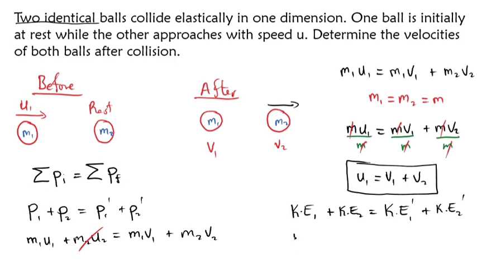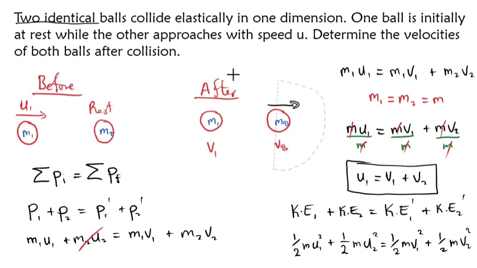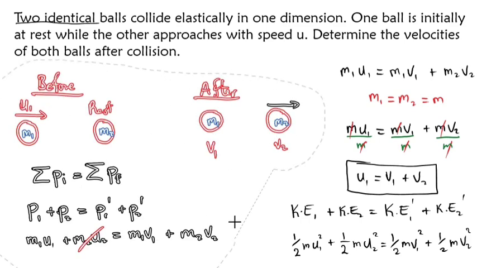This is just the same as the summation of momentums on both sides. So kinetic energy is half m v squared. So half m u1 squared plus half m u2 squared is equal to half m v1 squared plus half m v2 squared. Notice how I'm not specifying mass 1, mass 2, because the masses are the same.